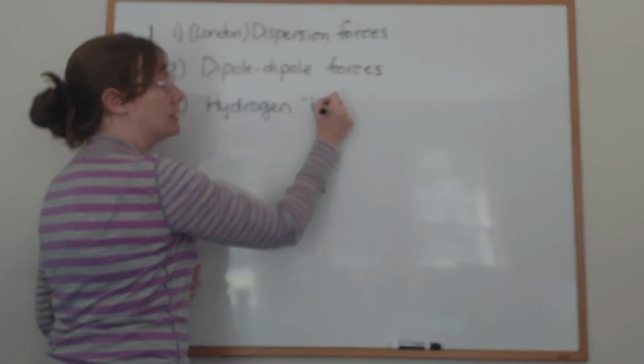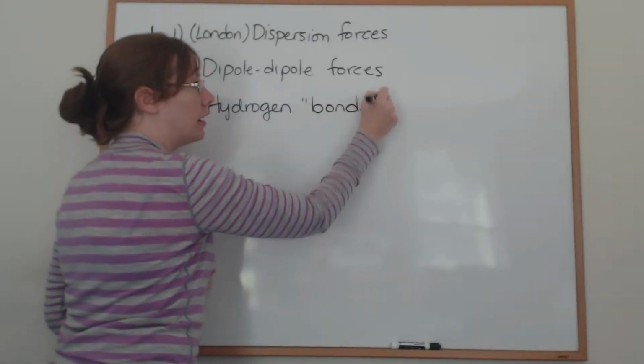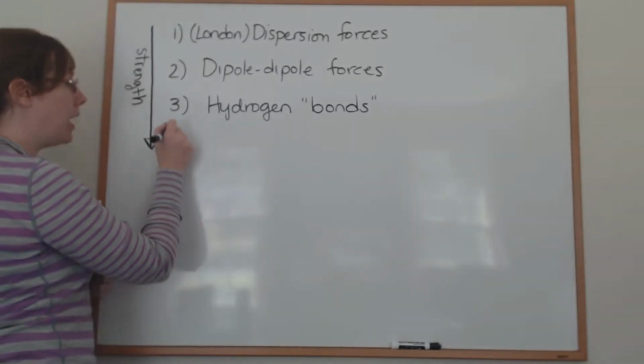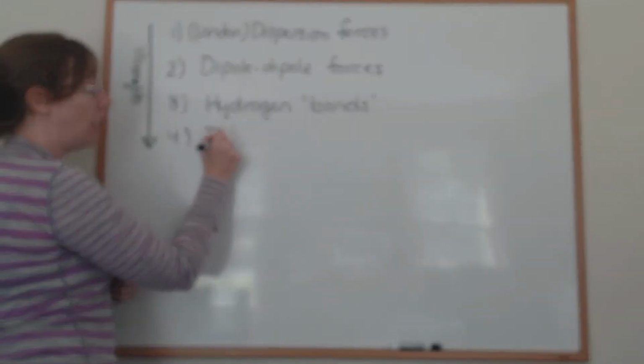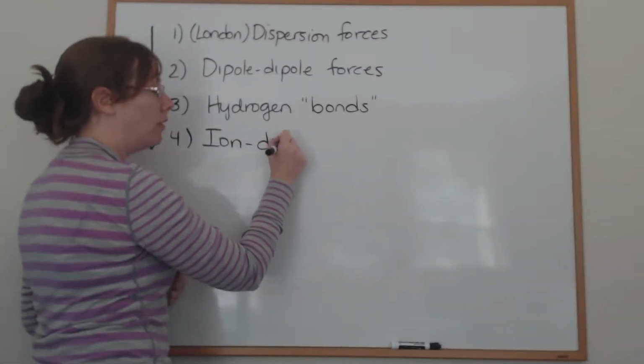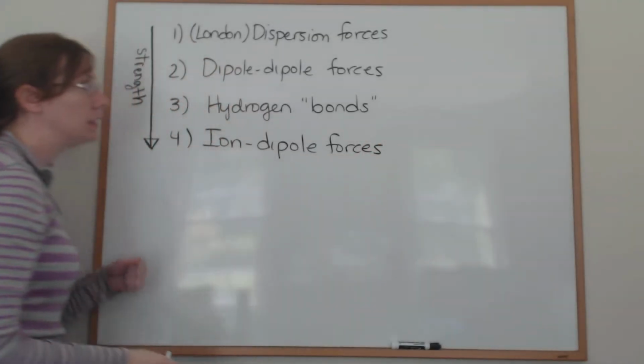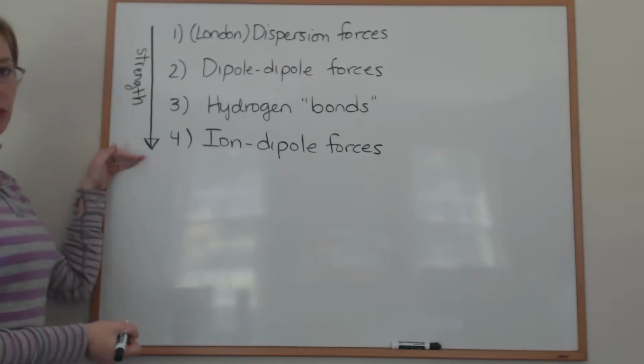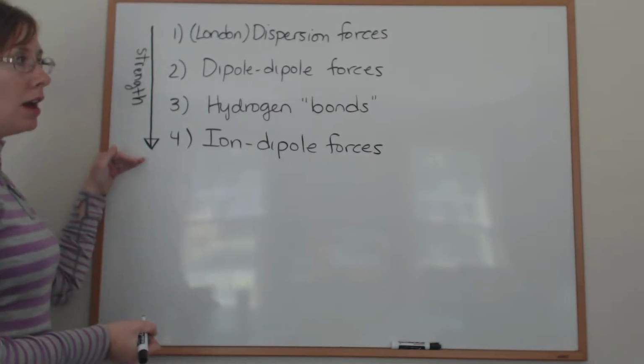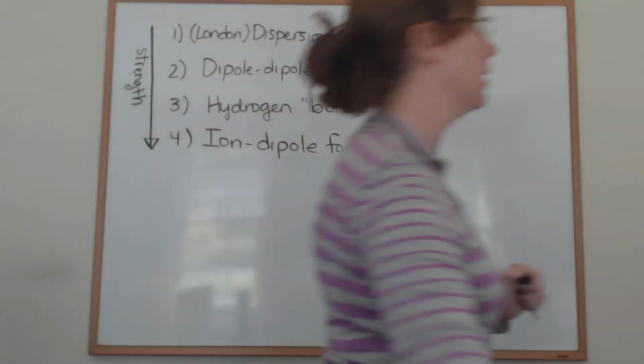I'm going to put bonds in parentheses, and I'll explain why in a little bit. And the fourth type we will call ion-dipole forces. So this is the list in order of increasing strength of the attraction between the molecules.